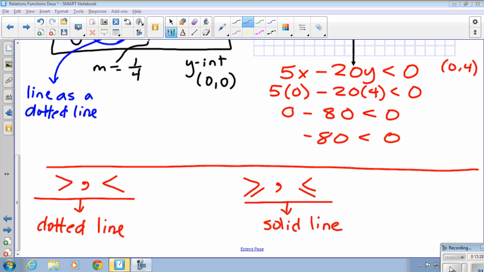The other thing we should talk about is that if I'm asking greater than or equal to, we would be shading above the line. If I'm saying less than or equal to, we would be shading below the line, or the boundary line.